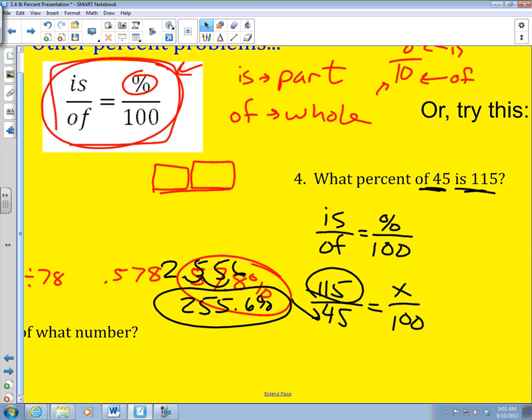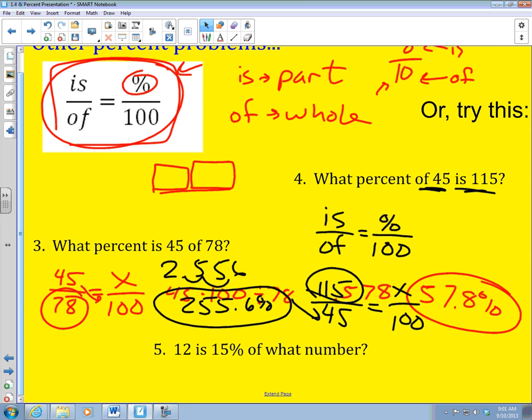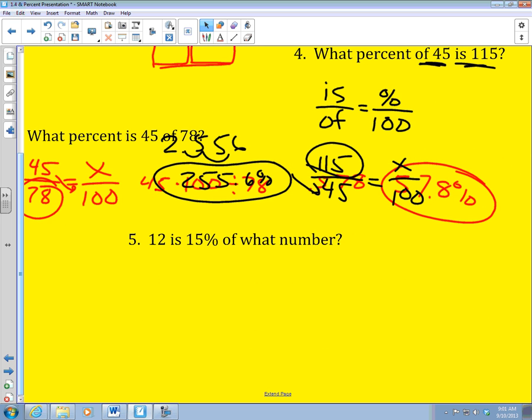Let's go back and find this other problem. There we go. 12 is 15% of what number? Is over of equals percent over 100.